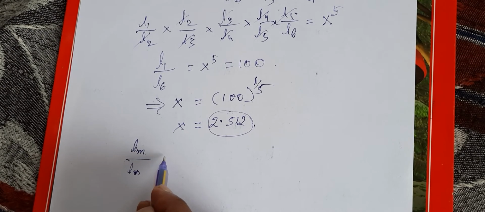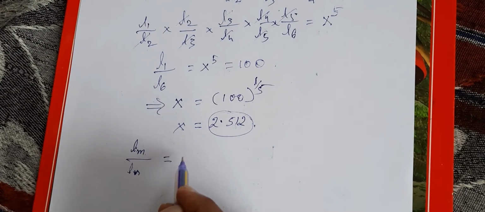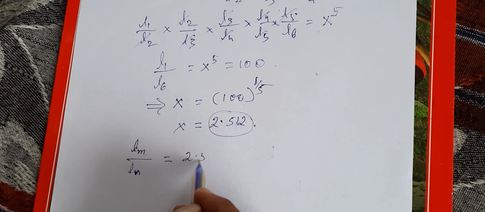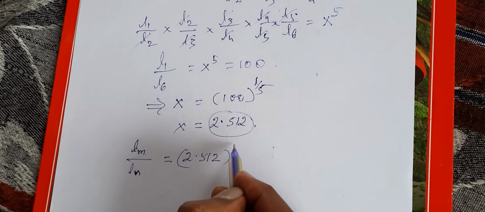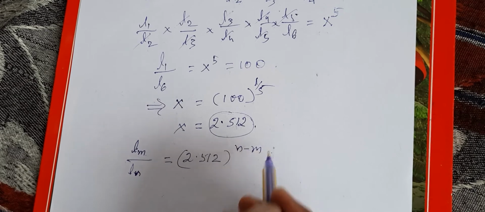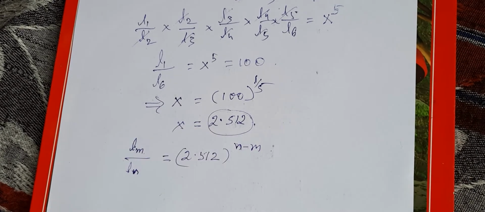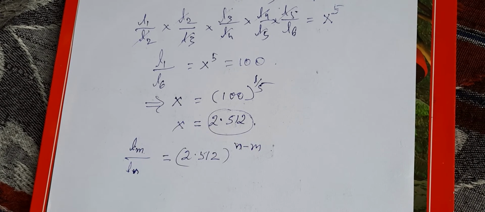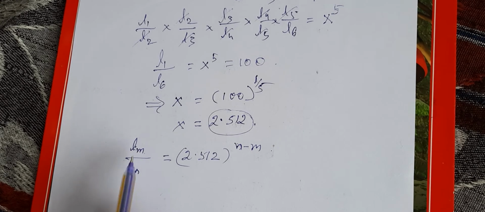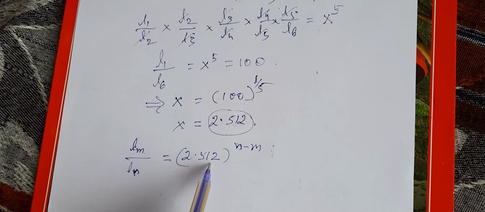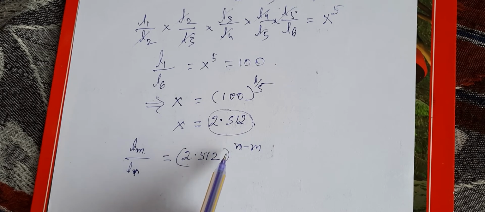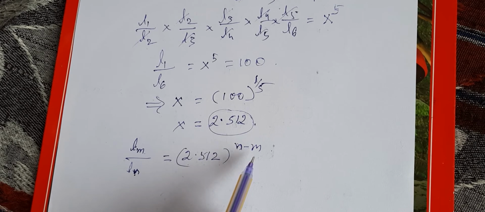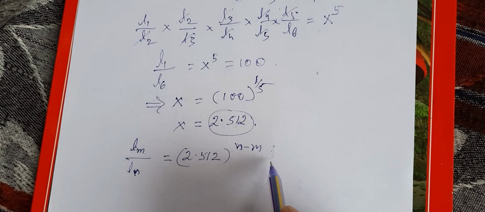This can be written as Lm divided by Ln equals 2.512 to the power n minus m, where m and n are the orders of the stars.